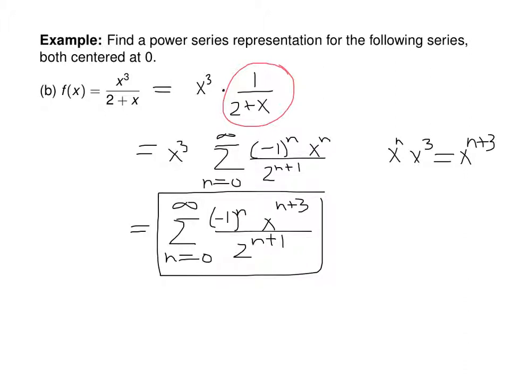And the interval of convergence here has not changed. We'll still have the interval of convergence is -2 to 2.